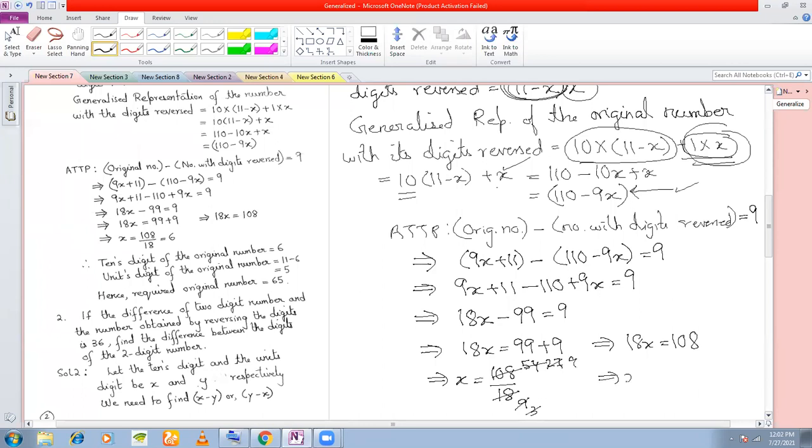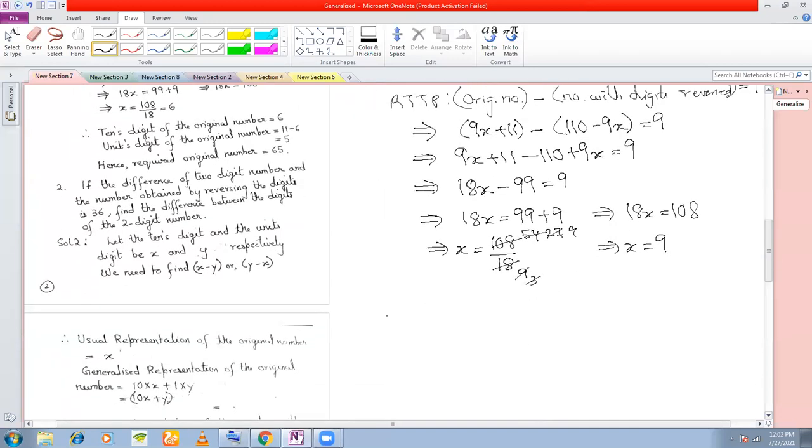So you get x is equal to 9 here. Okay, so that means the tens digit is 9. Therefore, tens digit of the original number is equal to 9.